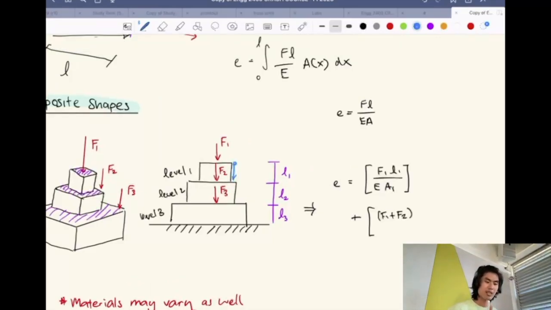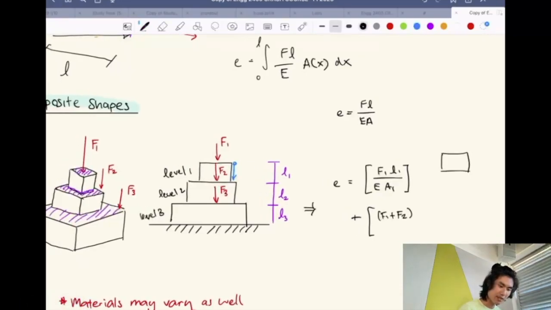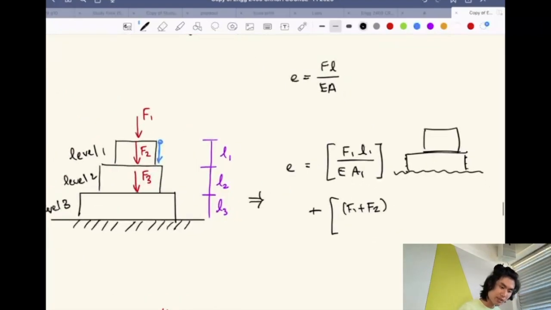So that means it's actually going to add up, except the area at which the second floor is experiencing stress is only on that cross-sectional area. So if I were to take this, this is level 1, and then let's cut it here, right?